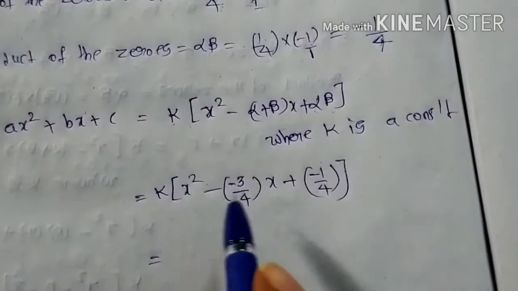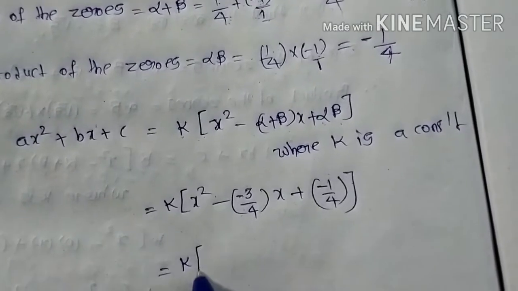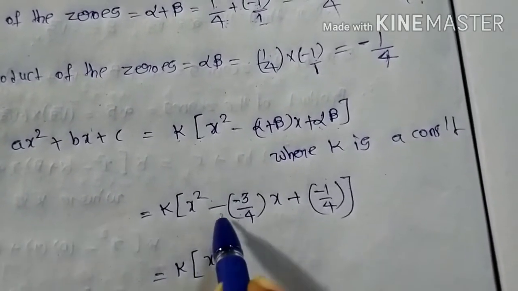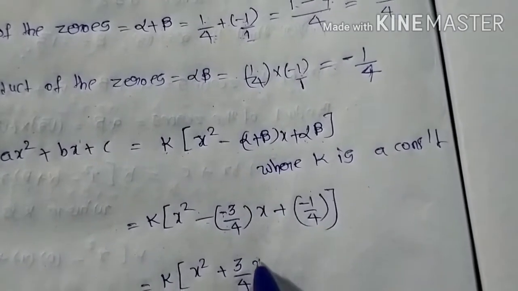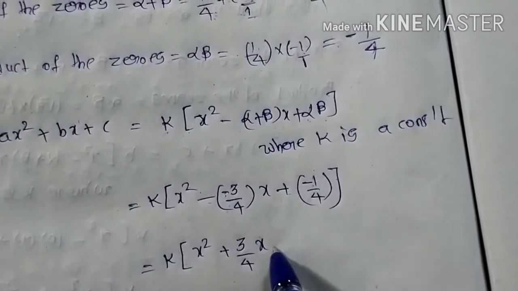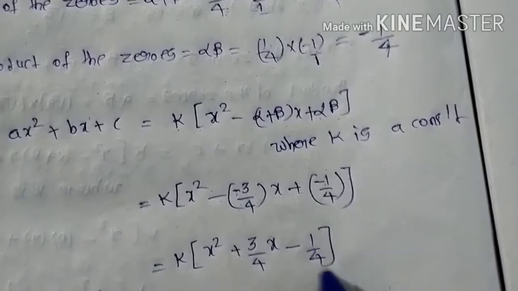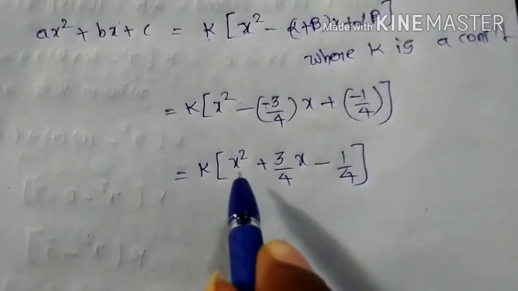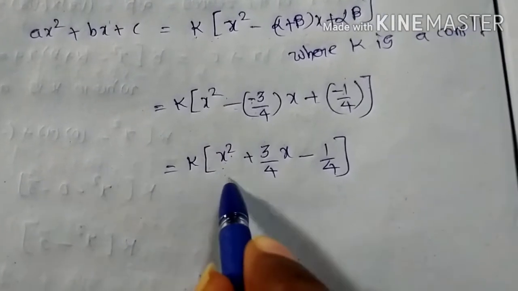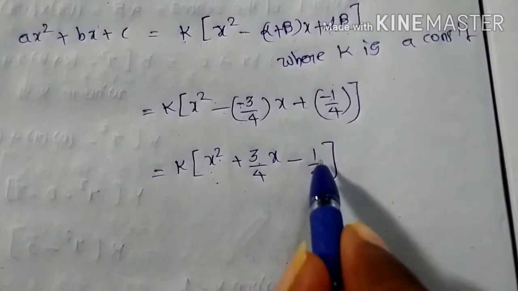Now you can see here k into x square minus into minus, plus 3 by 4 x plus into minus, minus 1 by 4. Now you can observe what the denominator is. Here x square means x square by 1, here 3 by 4, here 1 by 4.